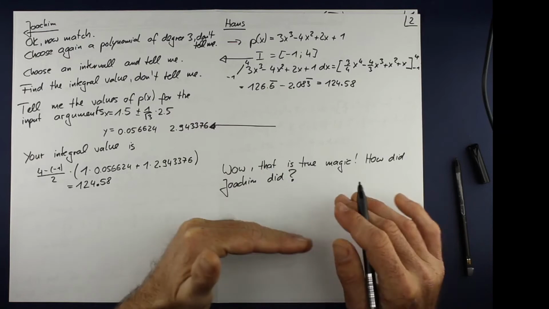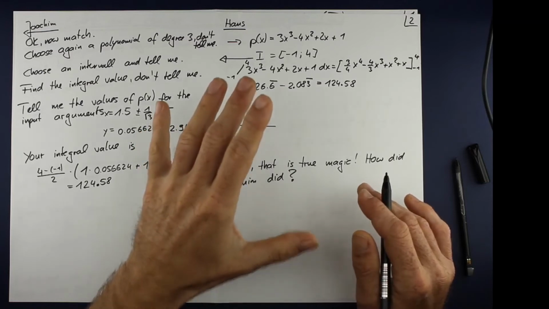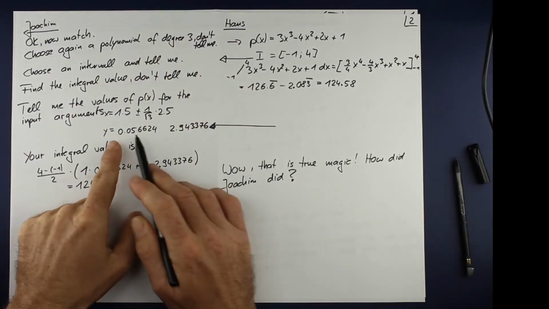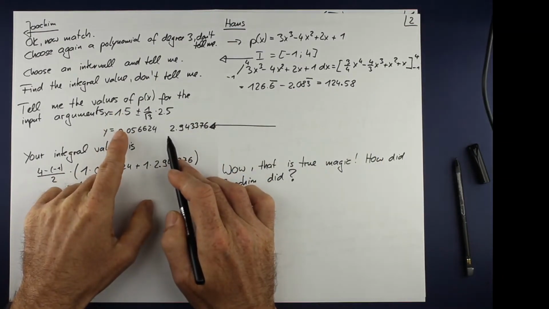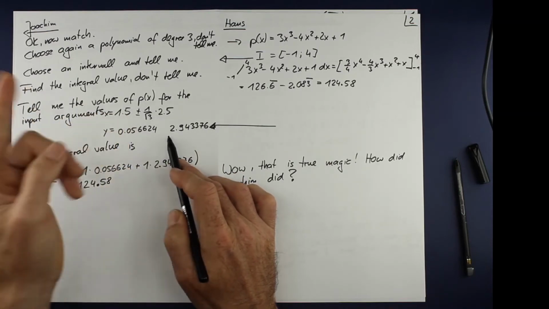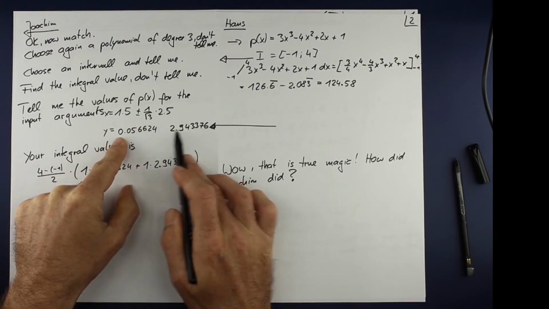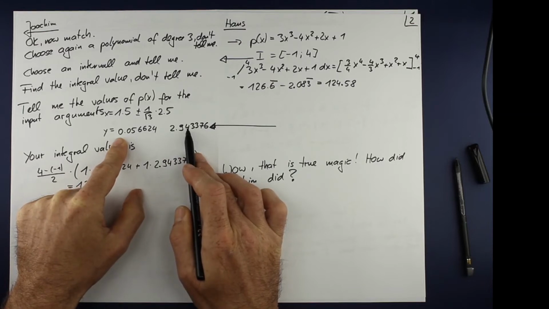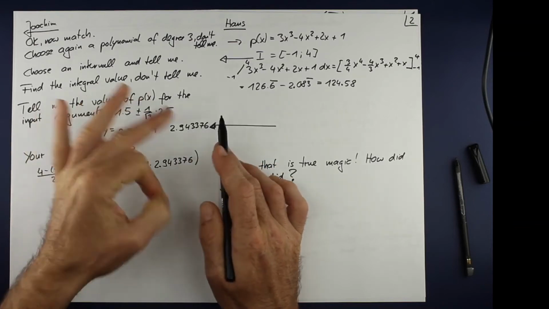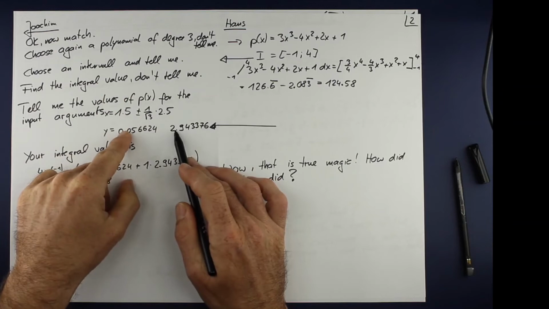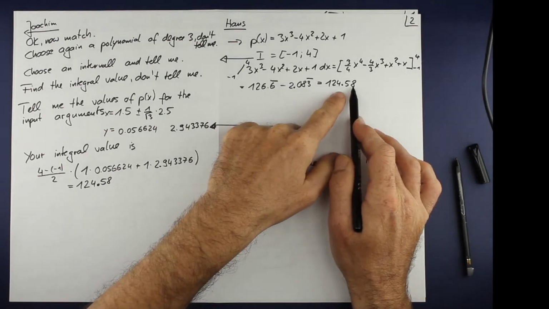And maybe on the way to his home, he had an idea. This is really surprising. If I am able to reproduce the integral value on the basis of that information, what does that mean? That means that every polynomial of degree 3 interpolating these 2 points, x, y values, then every polynomial of that kind must have the integral value 124.58.